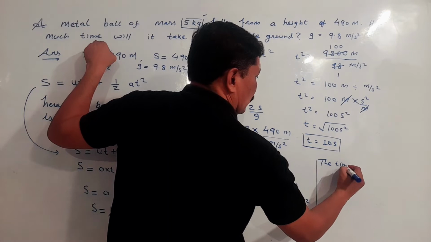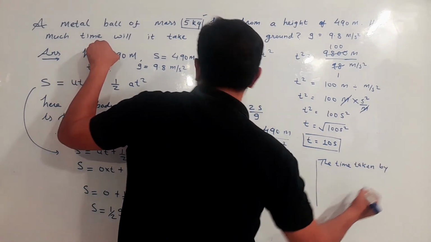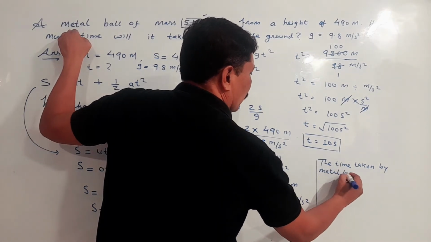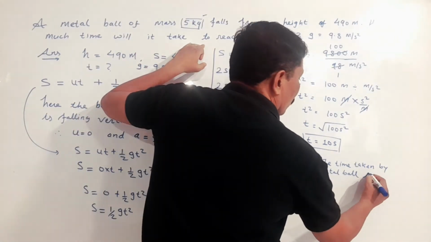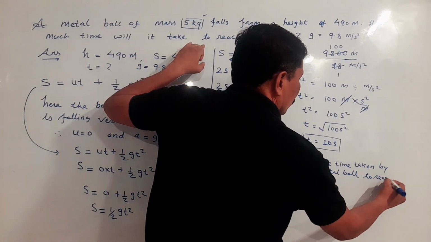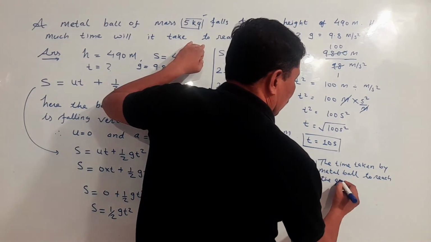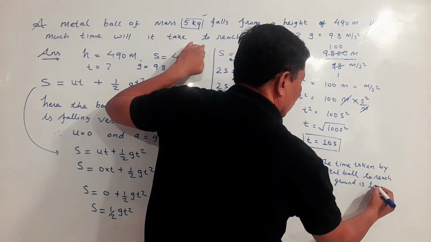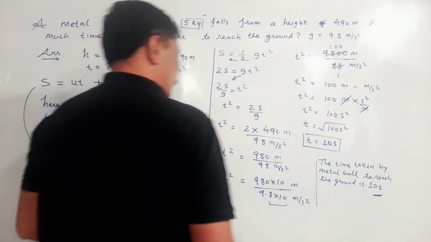The time taken by metal ball to reach the ground is 10 seconds. This is the answer.